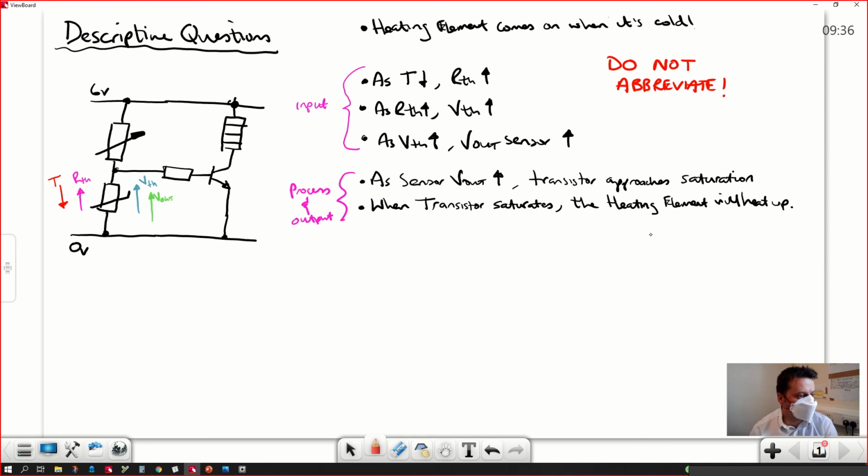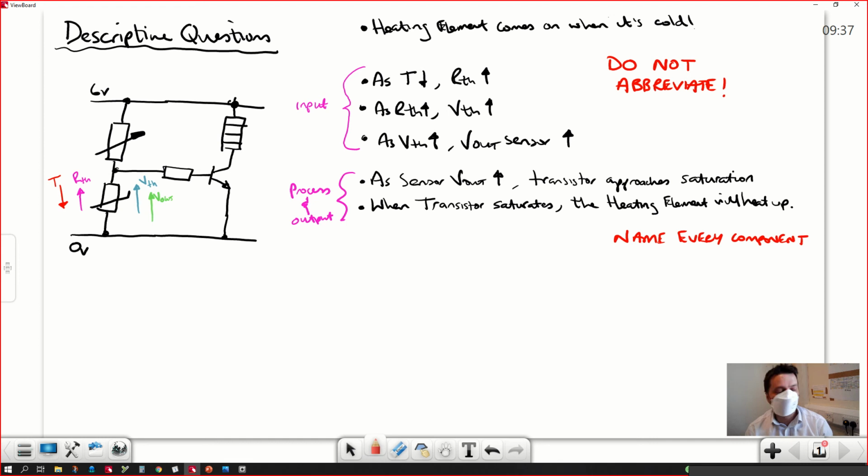The other thing you need to do is ensure that you name every component. So in the description that I've given so far, describing the operation of the input, the process and output, I haven't mentioned the variable resistor. And I haven't mentioned that resistor in the middle there.